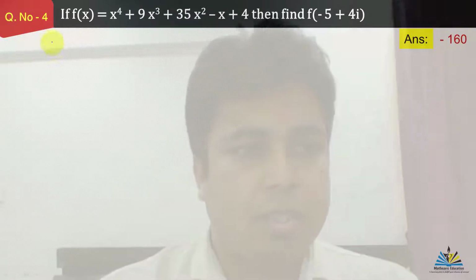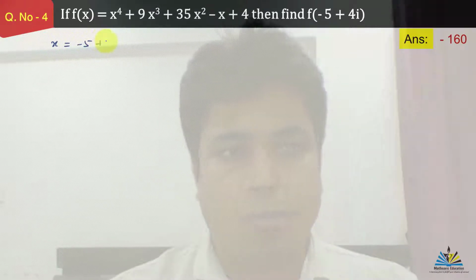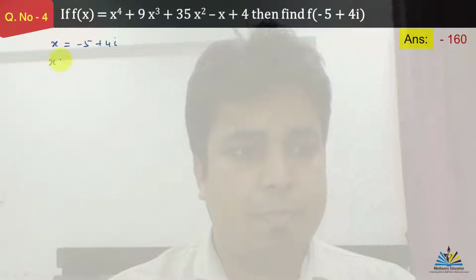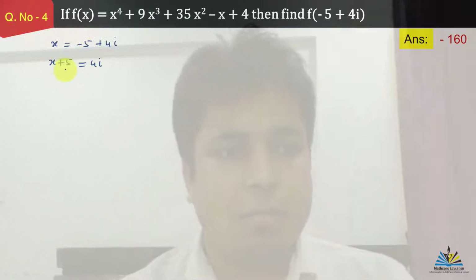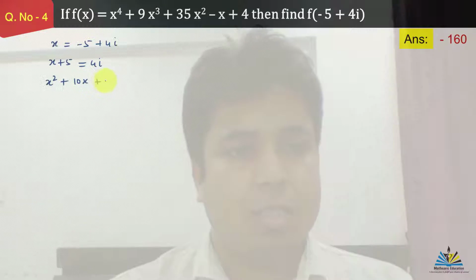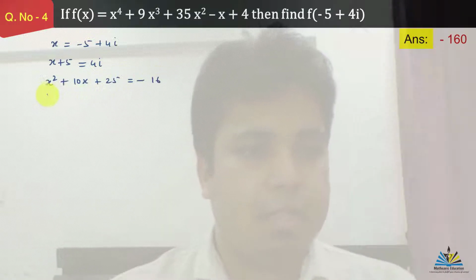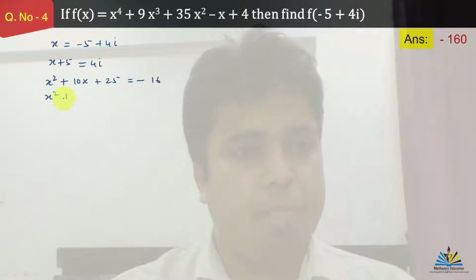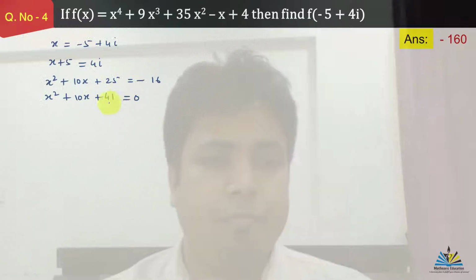Let's say x is equal to minus 5 plus 4 iota. So we will have x plus 5 is equal to 4 iota. If we square both sides, we get x square plus 10x plus 25 is equal to minus 16, and hence it becomes x square plus 10x plus 41 is equal to 0.